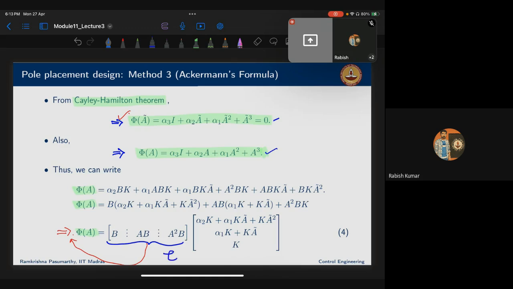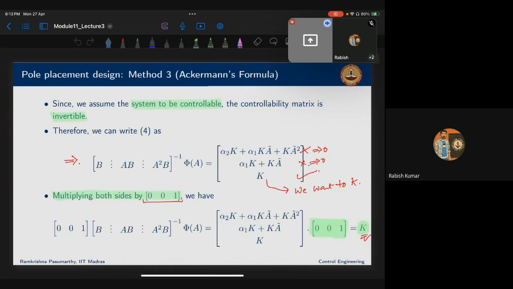So if this controllability matrix is a non-singular matrix, that means the inverse exists, you can bring it over to this side. Then multiplying both sides by 0, 0, 1, which makes these two terms go to 0, only K would be left.